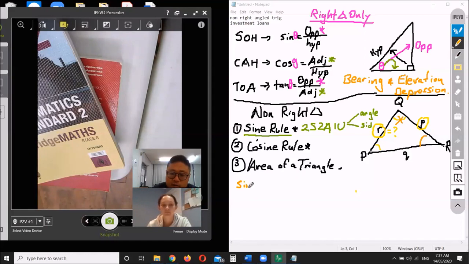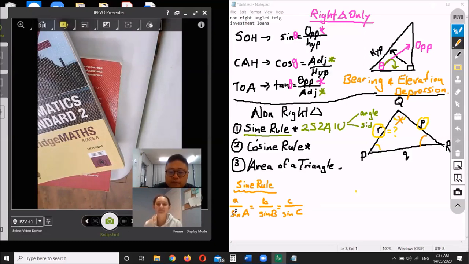The sine rule is: a over sine A, capital A, equals b over sine B, which is equal to c over sine C. Now tell me, is that an angle or a side? Side, angle, side, angle.